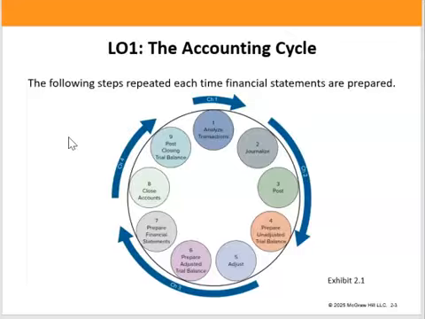And those would be accounts such as those you'd find on an income statement. Then we would have what they call a post-closing trial balance to see what our ending balances are. In this course, we're going to touch on most of these steps, but we will not be looking at an unadjusted trial balance, and we won't be making adjusting entries.